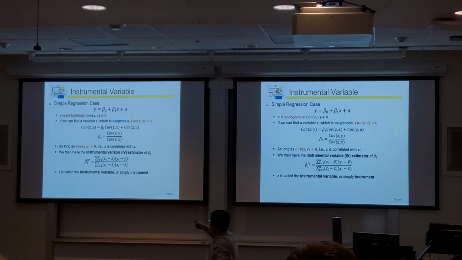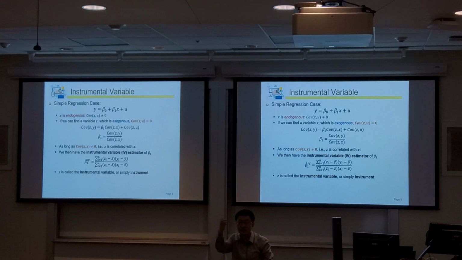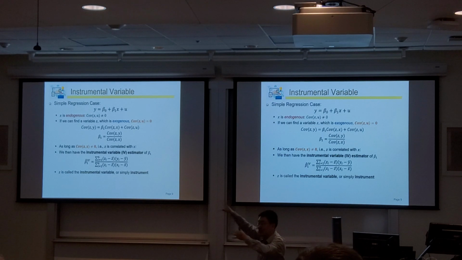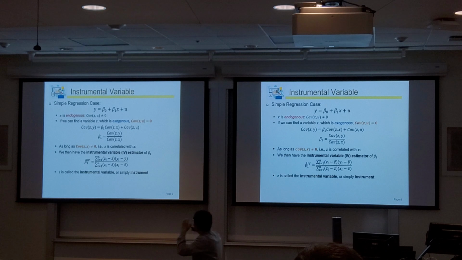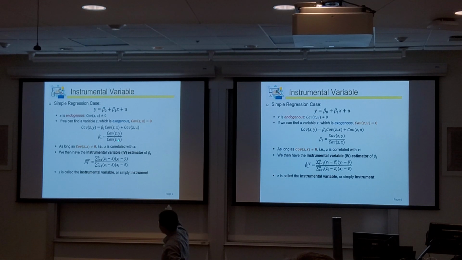Okay, so if you can find a variable like that, so z and u, the covariance, the correlation is 0. All right, z is an exogenous variable, so it has nothing to do with the error term. So the correlation is 0. If we can do so, then what we can do? We can say the covariance between z and y. Y is equal to this, right?